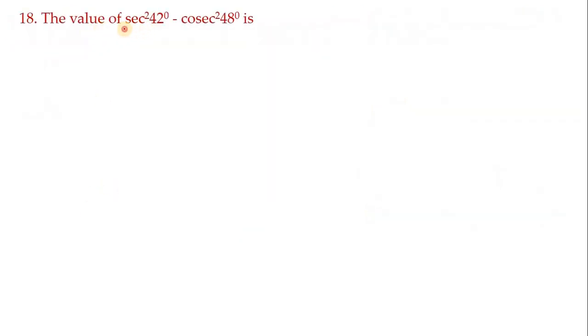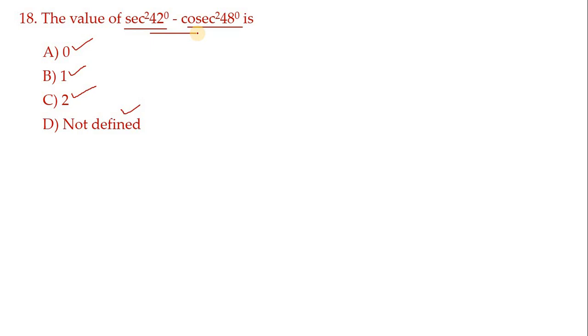The value of sec square 42 degree minus cosec square 48 degree is 0, 1, 2, not defined. This problem we have to solve on the basis of complementary angles. Consider the value which we have to find and any one.